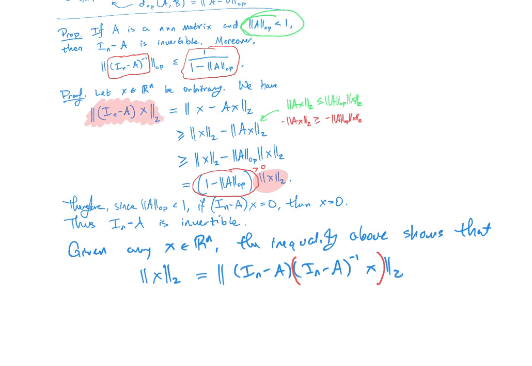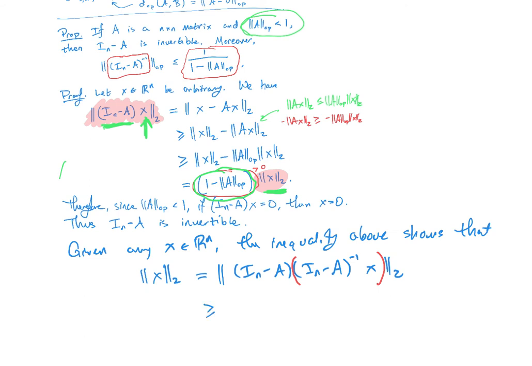Okay. The x has changed. But what does this say? This says that the 2 norm of (I minus A) times some vector is at least this thing times the 2 norm of that vector. Well, we can apply that here.